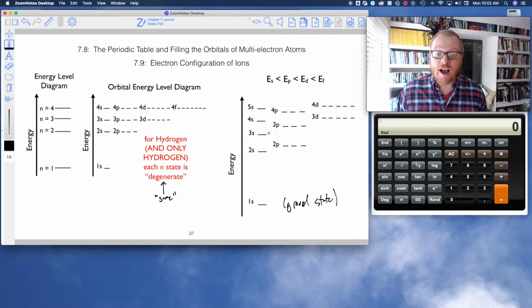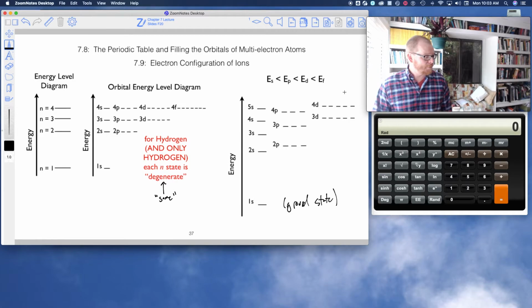And this is where it becomes a mess. Because now you would expect that 3d would be next. But as it turns out, 4s is slightly lower in energy than 3d. So then it goes 1s, 2s, 2p, 3s, 3p, 4s, then 3d, then 4p, then 5s, then 4d.